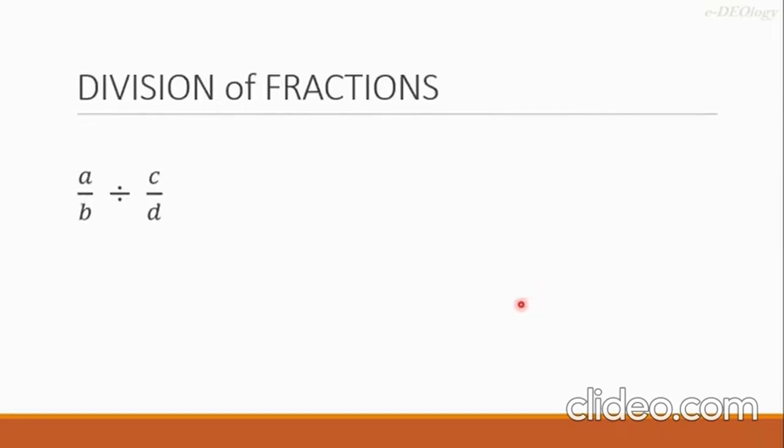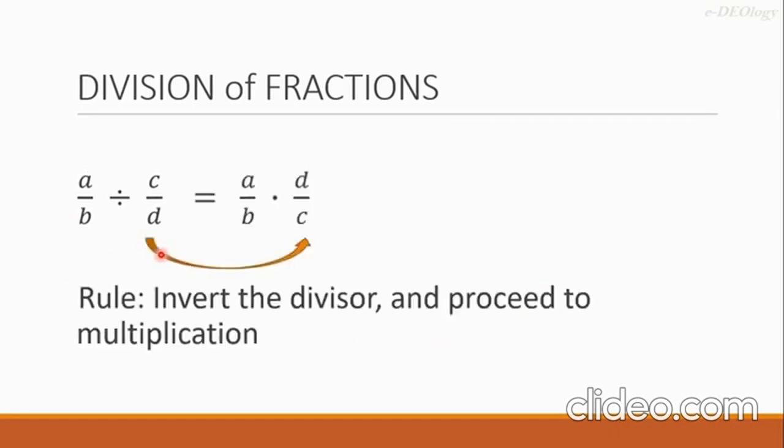Let's go now to division of fractions. Given this example, a over b divided by c over d. The rule says we need to invert the divisor and proceed to multiplication. So the c over d is our divisor here.